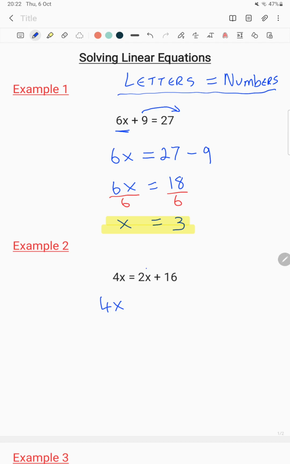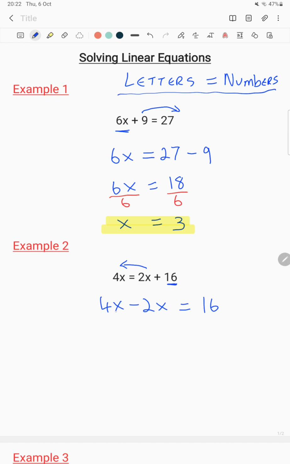I need to move that over the equals, and the rule is still the same: I change the sign of it as I move it over. So plus 2x on the right is now a minus 2x on the left. I then put down my equals, and the only number I have is 16, so 16 there, and that's it on the right hand side.